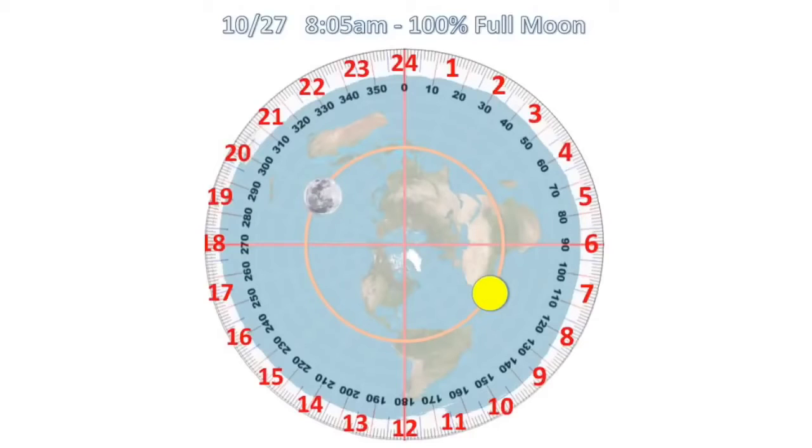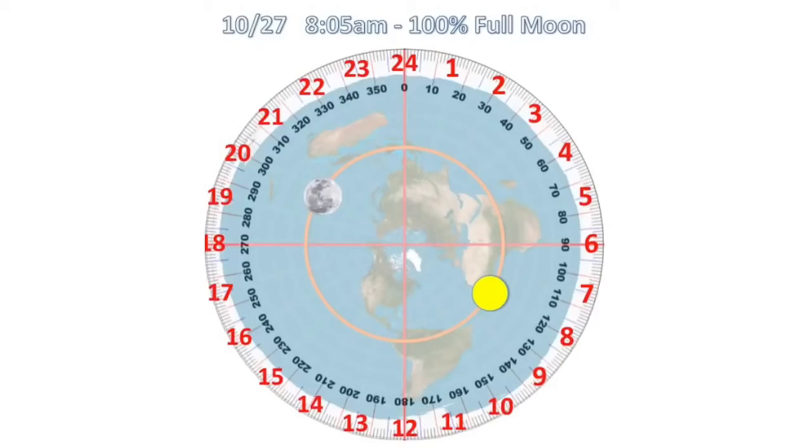I've set up my flat earth map to be a 24-hour clock, and I've positioned my sun at 8:05 a.m. and I've positioned my full moon exactly 180 degrees opposite of the sun. So this is where the moon was in the sky when it was 100% full.